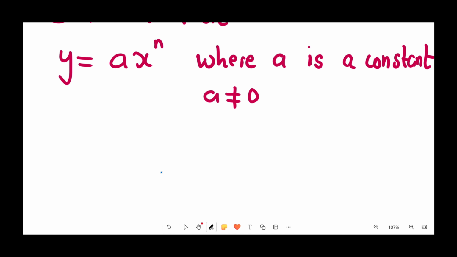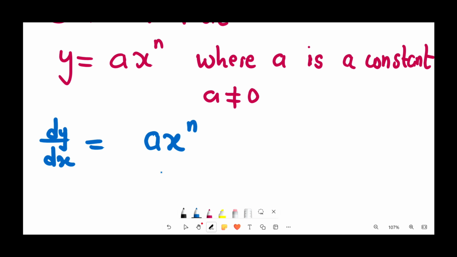So given this function, the derivative of this function will be dy dx is equal to, now when you have the power, it's going to be in this form. We have the power here to be n. So this power will now multiply the expression given.